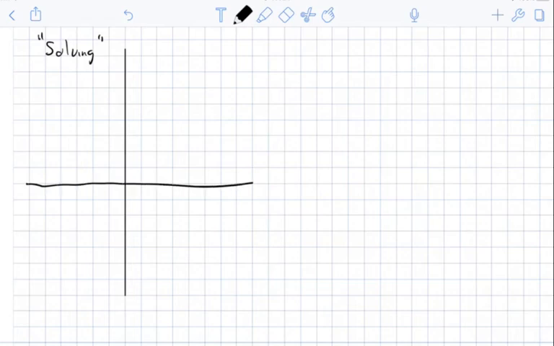And the answer is yes. I mentioned in the introduction that this is actually the easiest way to solve something.